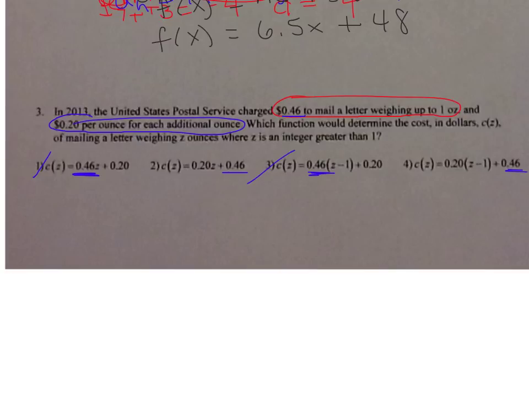Now it's 20 cents per additional ounce, an additional ounce past 1 ounce. So you have to take your ounces, which is z, and subtract the 1 ounce you're paying 46 cents for. So it's 20 cents times the number of ounces minus 1, because I'm already paying 46 cents for that one particular ounce. So it is choice 4.